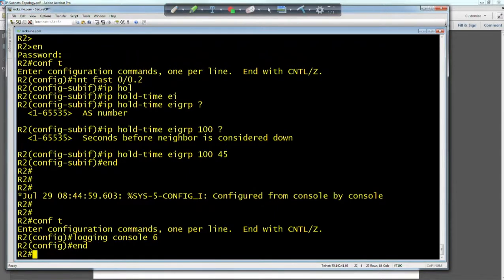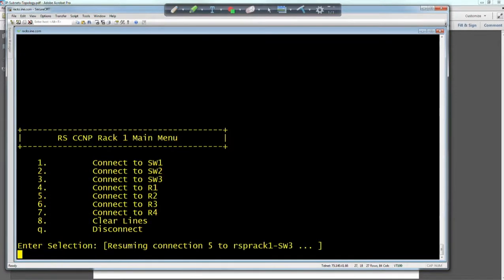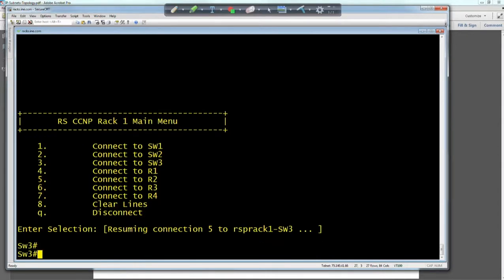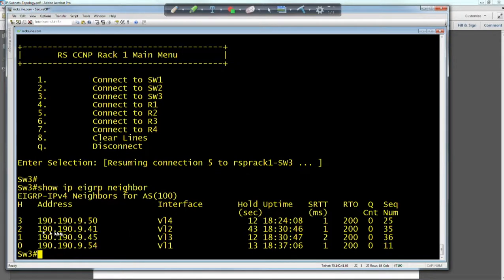Okay, let's see how that affected switch 3. Look at that. It's not exact. We typed in 45, and he is actually getting 45 in the incoming hello packets now from router 2, but he set it to 43 instead, just to be a little ornery.